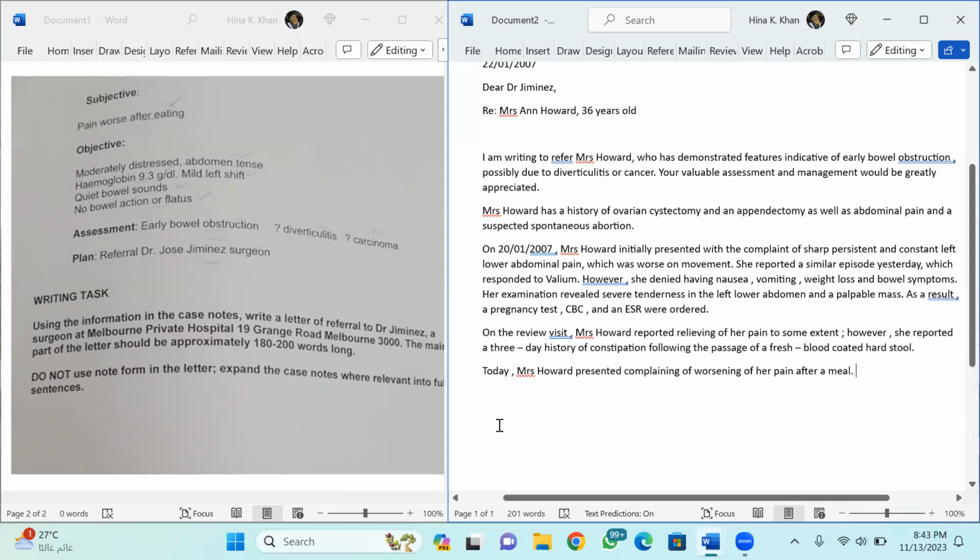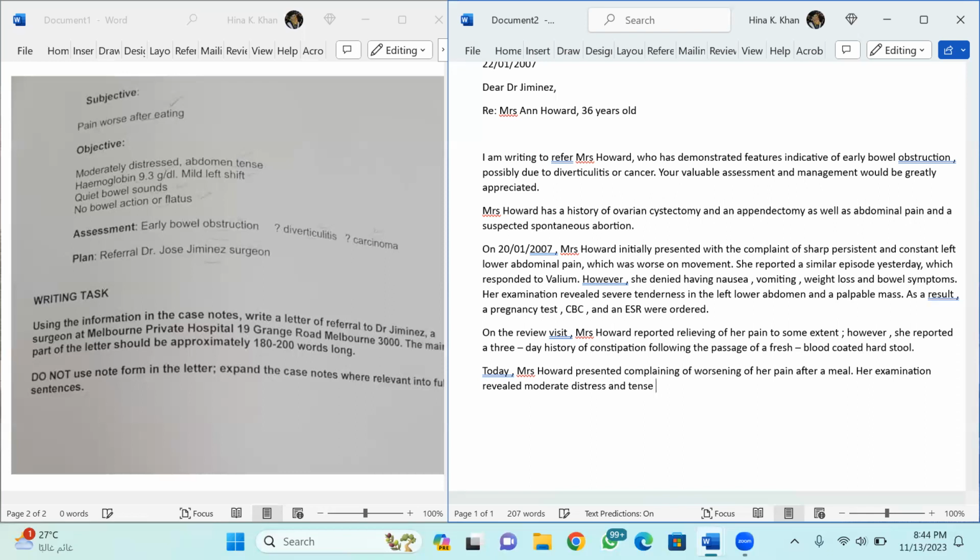Moderately distressed, abdominal pain, tense, hemoglobin was this. Then you can also write, now this is the examination: her examination revealed moderate distress and tense abdomen, along with quiet bowel sounds, because there were no bowel sounds.